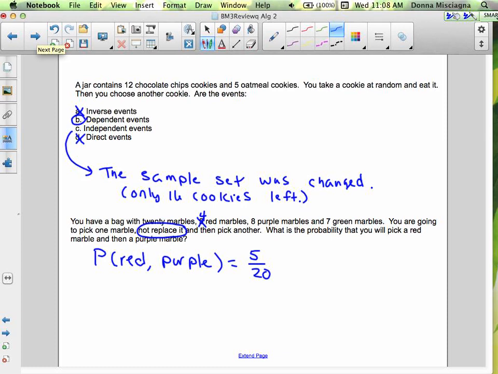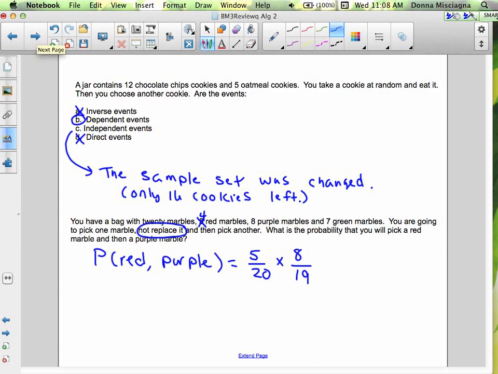So now your sample set has changed. So now when we multiply the probability of the red by the probability of the purple, our total number of outcomes is no longer going to be 20. Now it's only going to be 19, because there's only 19 marbles left. There's still 8 purple marbles, but there's only 19 marbles overall.